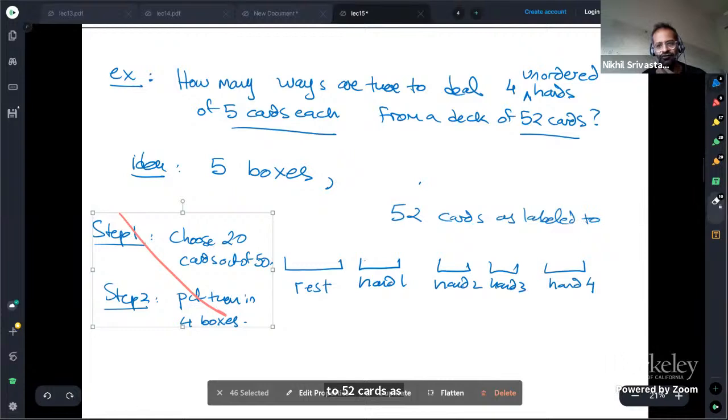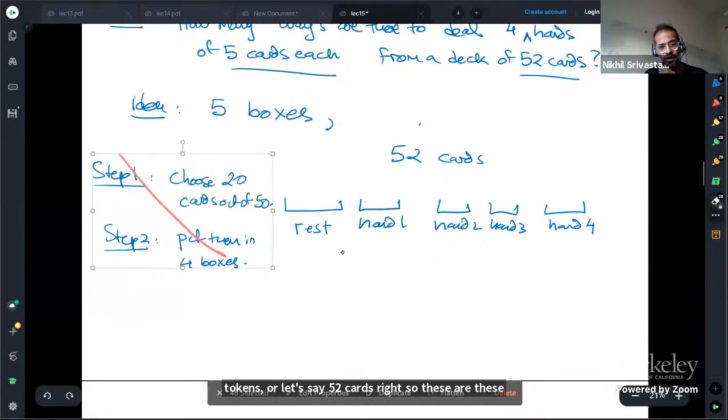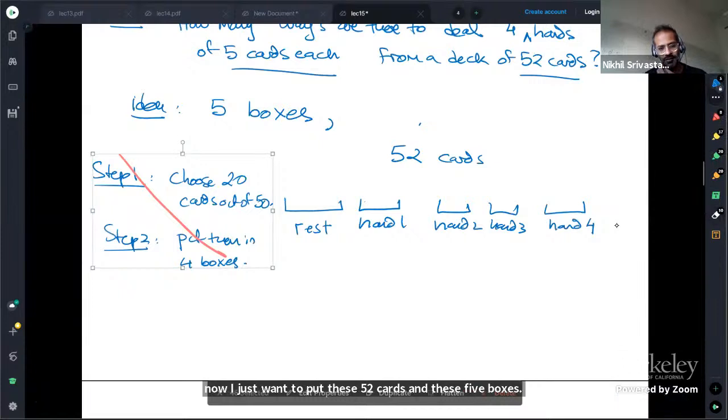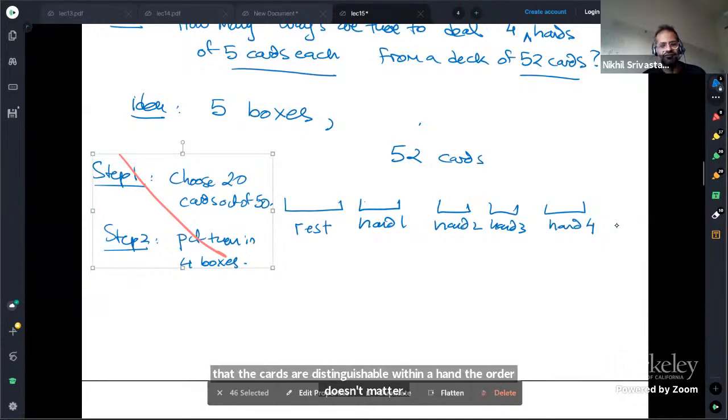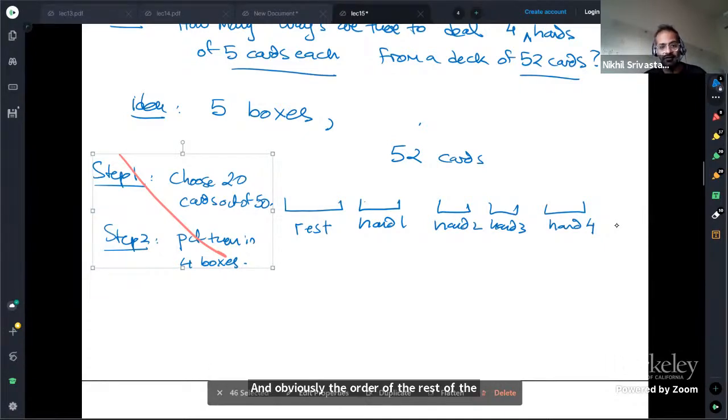So these are all labeled. And now I just want to put these 52 cards in these 5 boxes. I have to keep all of this clear: the cards are distinguishable, within a hand the order doesn't matter, and obviously the order of the rest of the cards doesn't matter either.